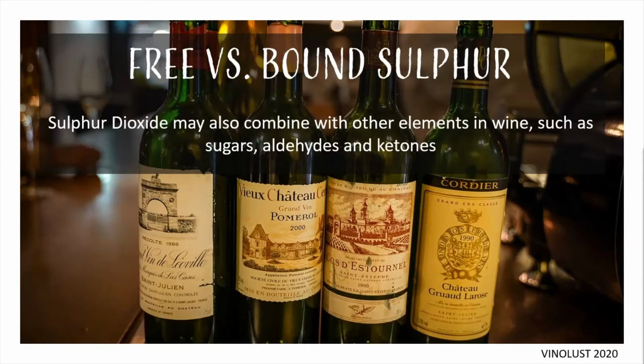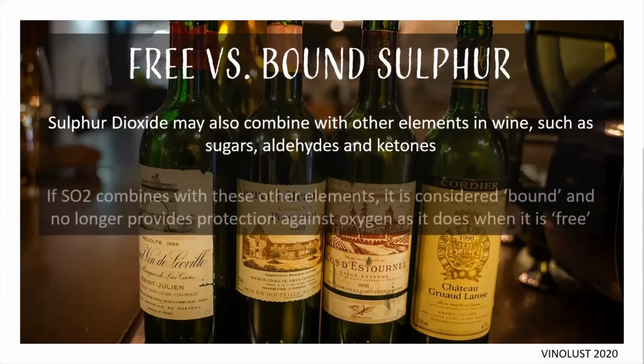Sulfur dioxide, as we mentioned, is pretty reactive, just like oxygen, but it doesn't just react with oxygen. It reacts with other elements as well, like sugar, which is a very common one, and aldehydes and ketones, which are other byproducts that may be contained in the wine. In particular, when you get into wines that are already slightly oxidized or poorly managed or poorly made, you're going to find a lot more of these other elements.